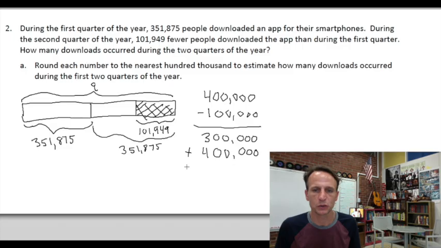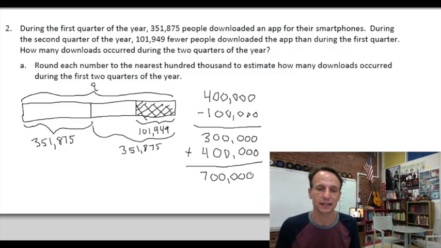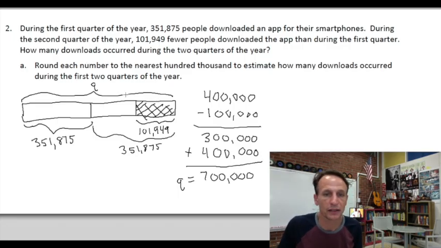And you see it's quite easy what we get for Q for the first 2 quarters. Our estimate is 700,000. That's our Q. That's the whole 2 quarters there. Although I suppose I should be more accurate, and this bracket should actually end here.